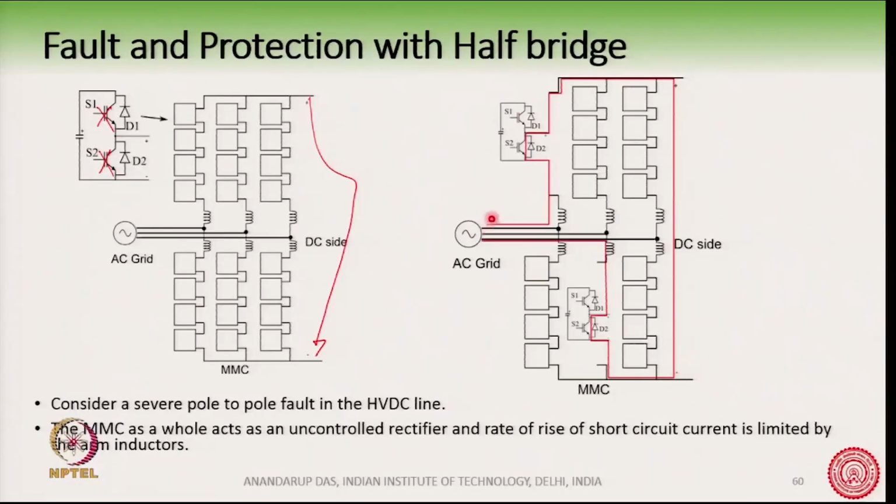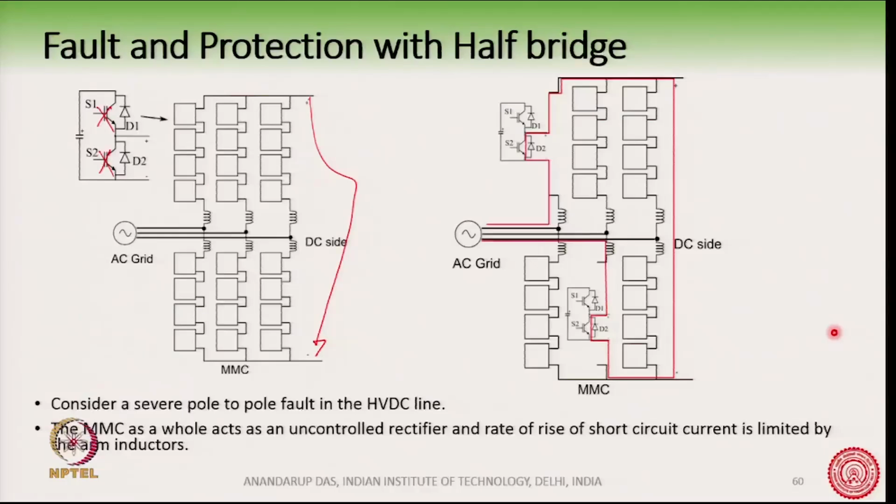Starting from this point, say phase A, you go like this, go through the diodes, come here, go through the short circuit, come here, go through this diode and through this inductor, and come back through phase B. So, there is a path for the current to flow during this short circuit condition, which is provided by the diodes of the half bridges.